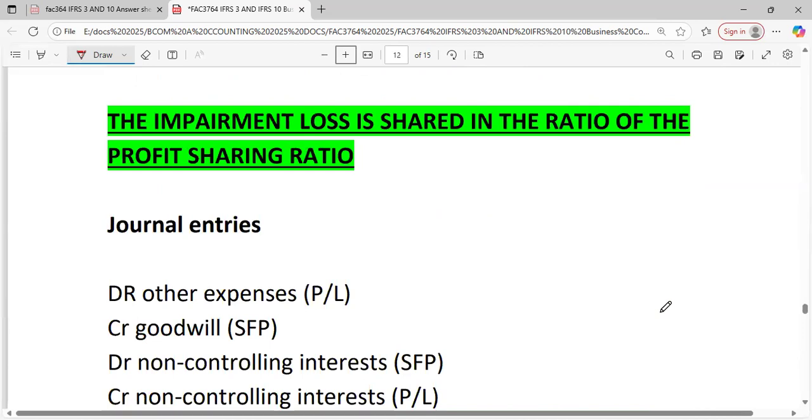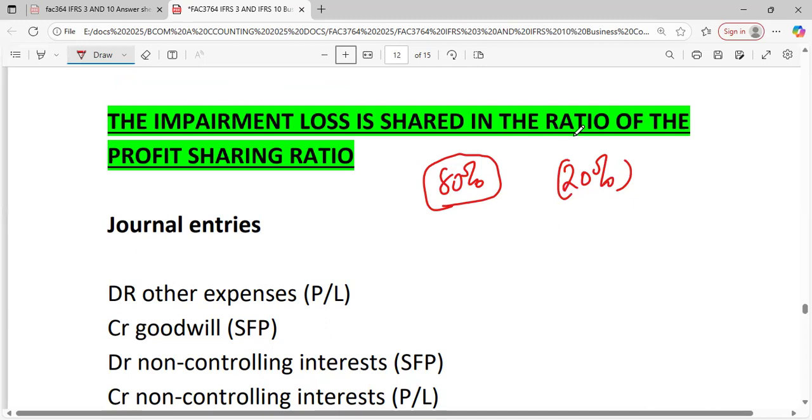share the impairment in the ratio of the profit sharing ratio. If the parent acquires 80%, then it means it's going to have 80% of the impairment, and 20% of the impairment will go to the non-controlling interest. That's basically how you share the impairment loss on the goodwill.